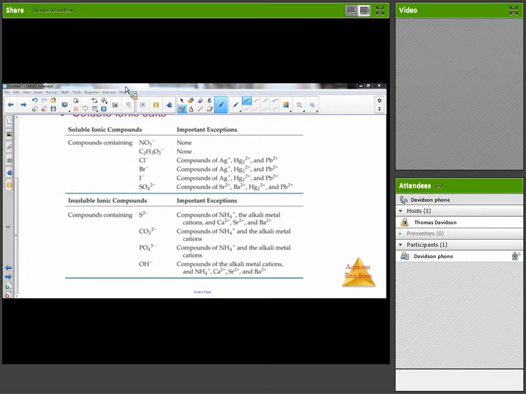PO4 is always insoluble except with those things, and it's not one of those things. So it's always insoluble unless it's with one of those. It's not, so it is insoluble. Same with hydroxide. So you're just reading the chart a teeny bit wrong. I just read it wrong.